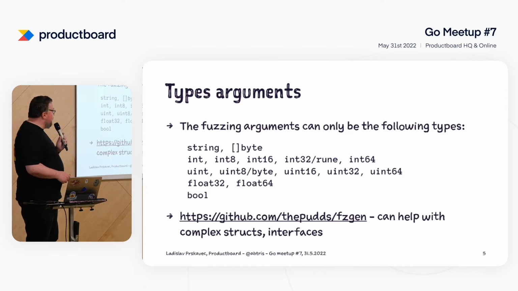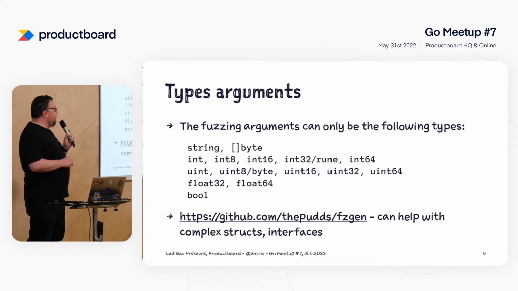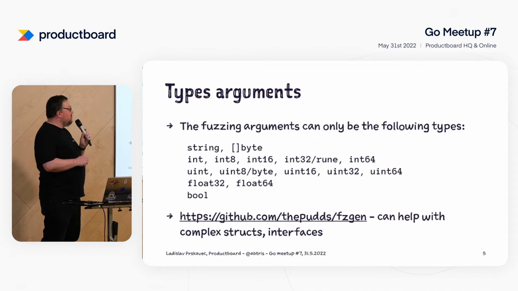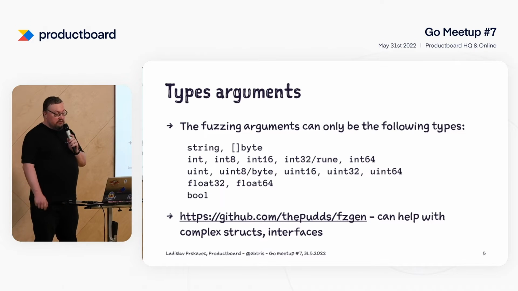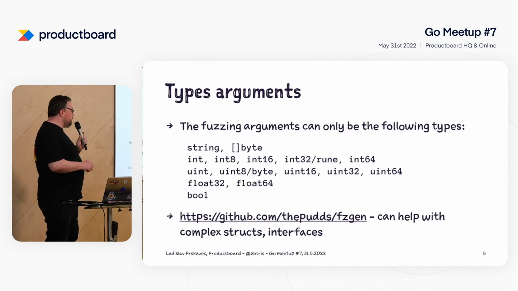And we have support only for a few types of arguments. You can see that not everything is supported. For example, you are missing arrays of strings or structs. That's quite important, but this basic implementation just covers these simple types.